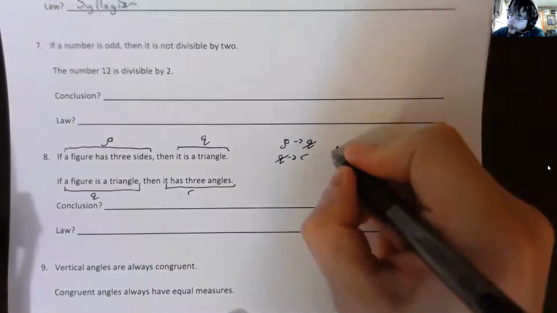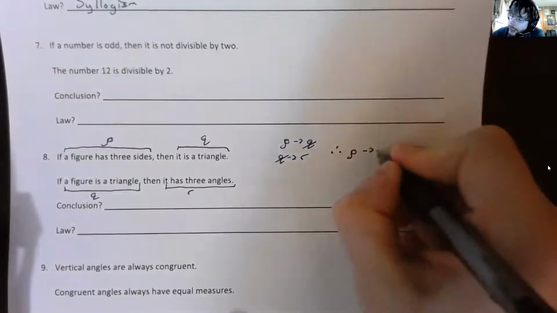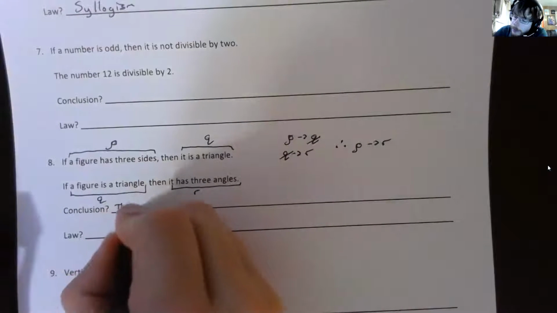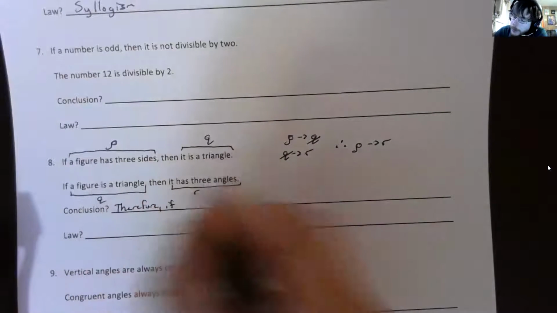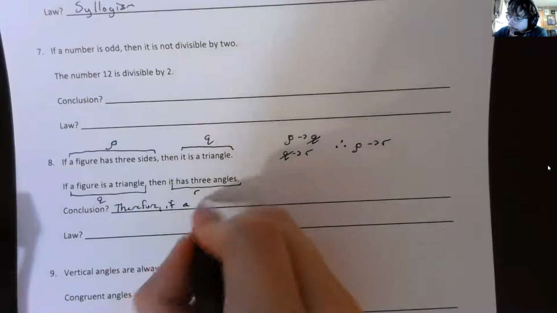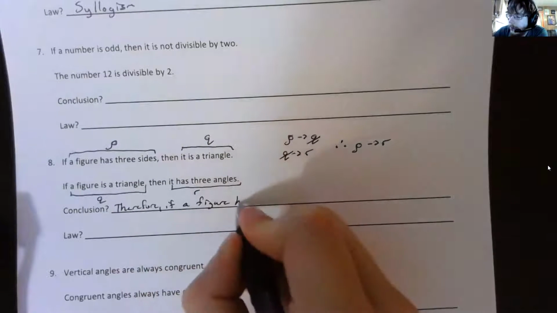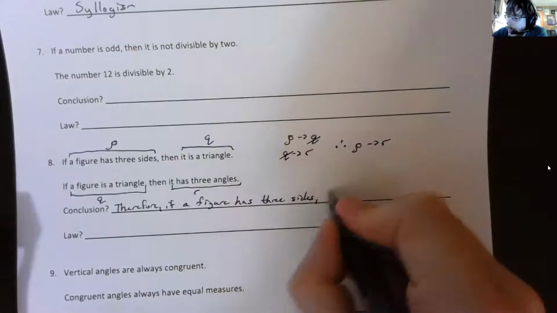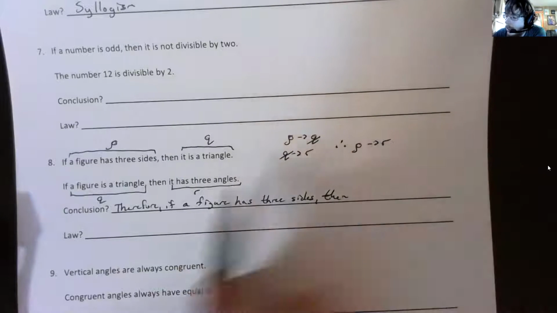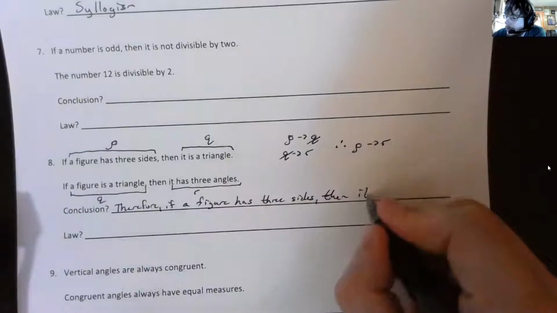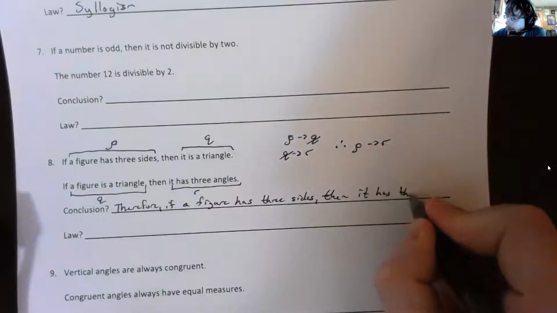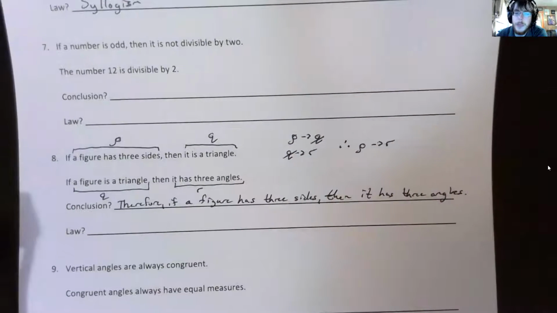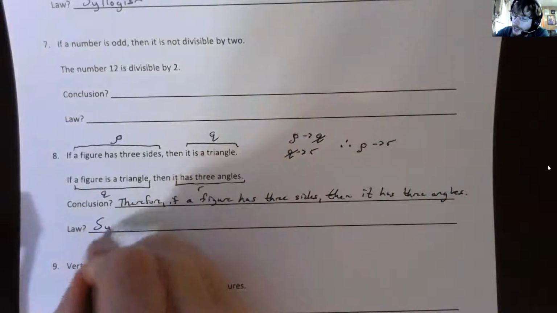And that leaves us with, therefore, P implies R. So we would write, therefore, if P, a figure has 3 sides, then R, it has 3 angles. And the law would be syllogism.